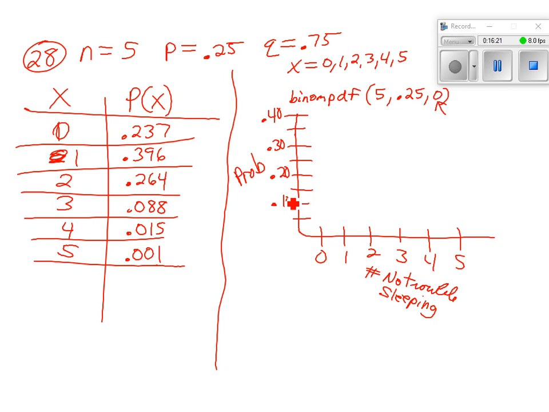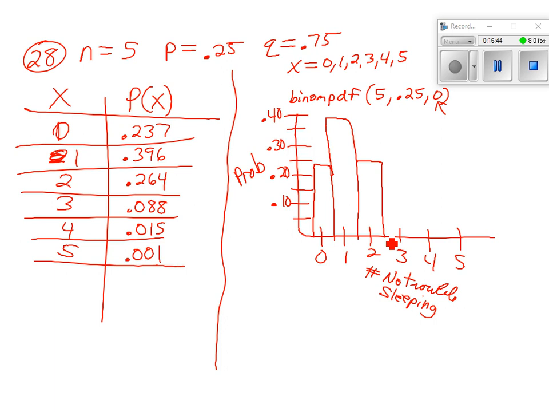First one's about 23, 24%. So I'm just going to draw something that's going to go about there maybe. Second one's almost 40%. About like that. 26%, so just a little higher.